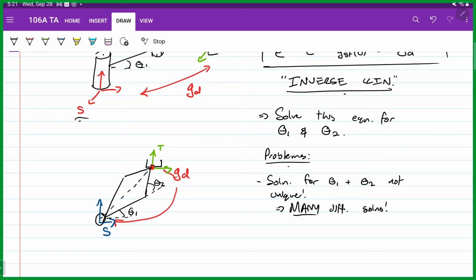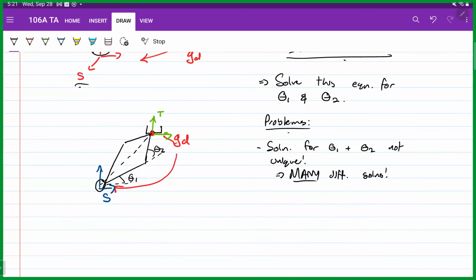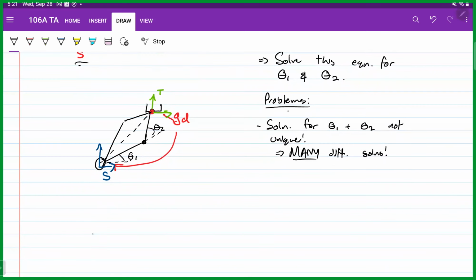All right, so what's another problem that we might encounter? Well, even if we're just trying to track the position of a simple point that is rotating in space at angle θ, and we know that this is L1, the length of that arm, we can use trig to show that this is going to be L1 sine θ, and then the distance between here and here will be L1 cosine θ.